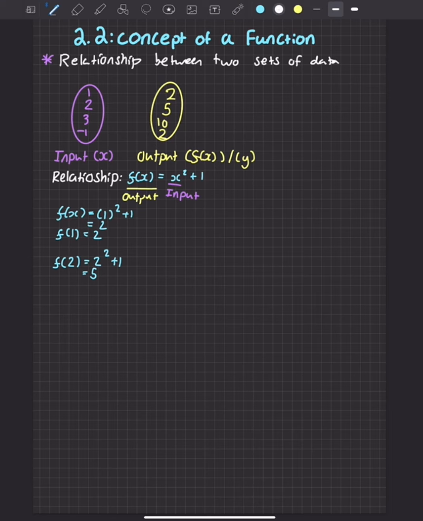When we did function of 1, we got 2. However, the function of minus 1 is also 2. So these two inputs have the same output. However, an input cannot have more than one output. The output can be repeated, but the input cannot be repeated. And that is the main feature of a function.